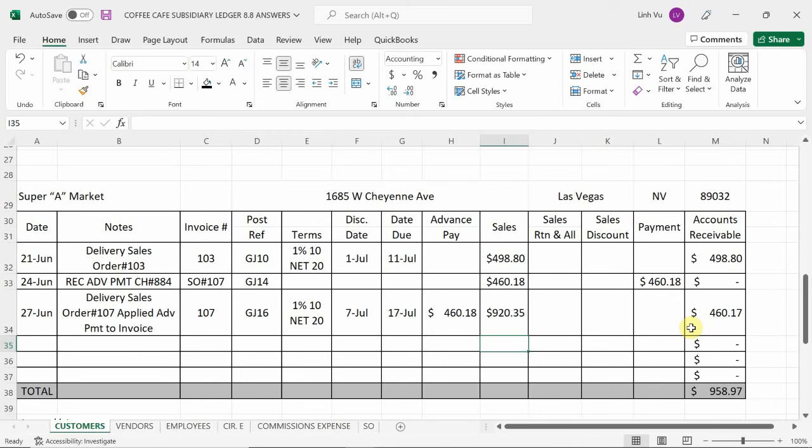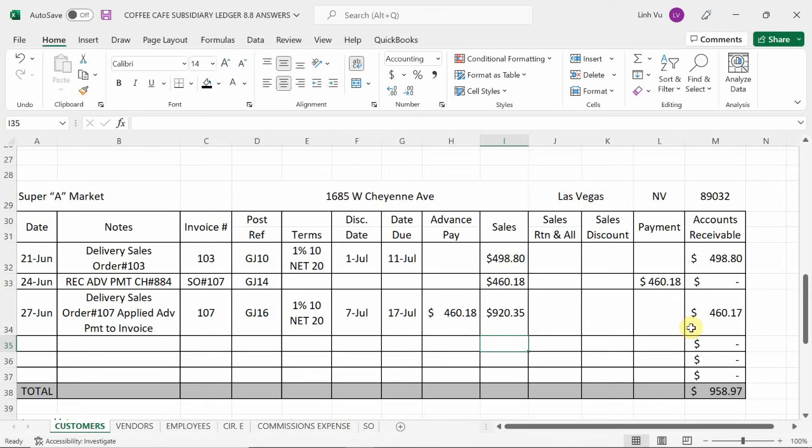Okay. So again, because I used the advance payment section here when I sent out the invoice, because of the formula that I put in here earlier, it represents that I applied the down payment to my invoice.